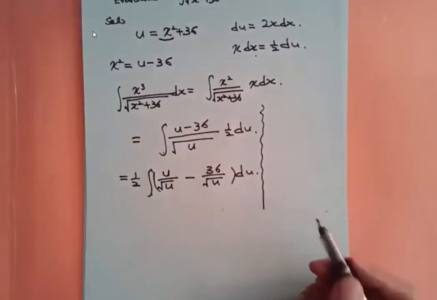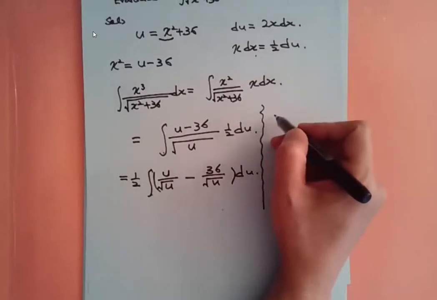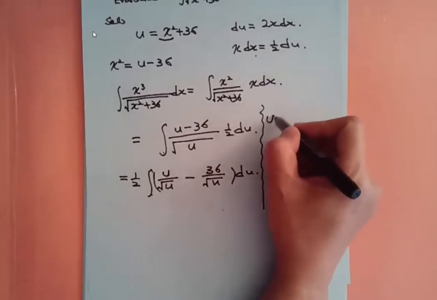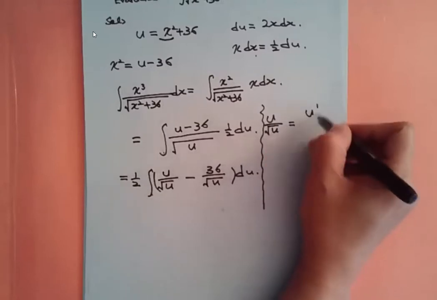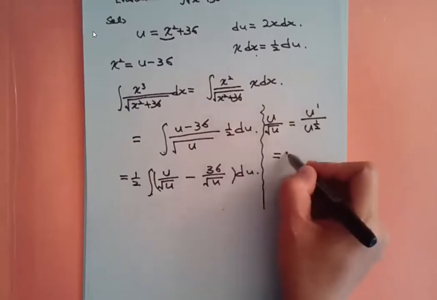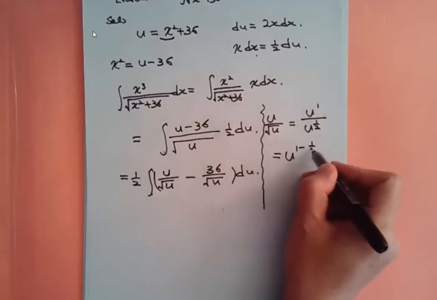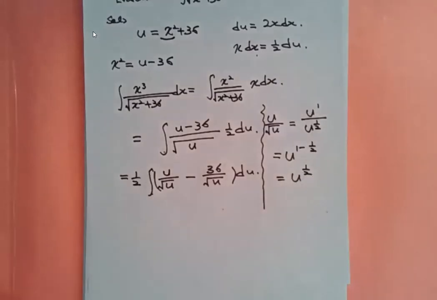We will use the power formula. So let's convert each term with the power. U over square root of u can be written as u to the 1 power over u to the 1/2 power. So that is u to the 1 minus 1 over 2 power, u to the 1 over 2 power.